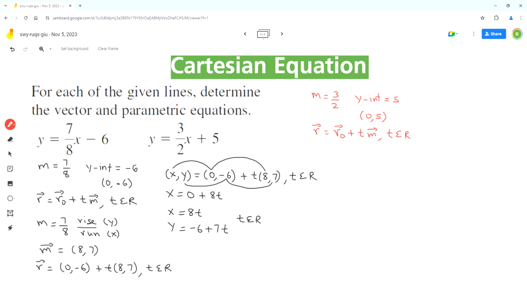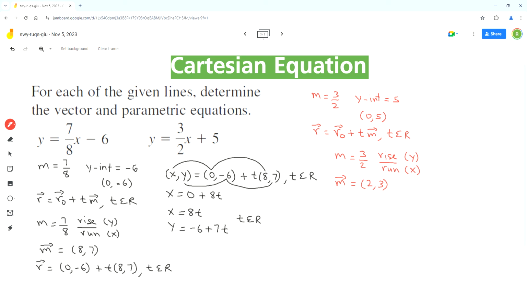We can start by finding the direction vector using the slope of the line. The formula for slope is rise over run. Rise is in the y direction, run is in the x direction. So we can write the direction vector for this line as 2, 3.